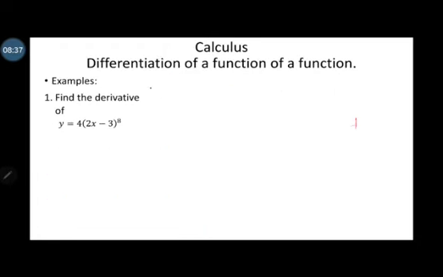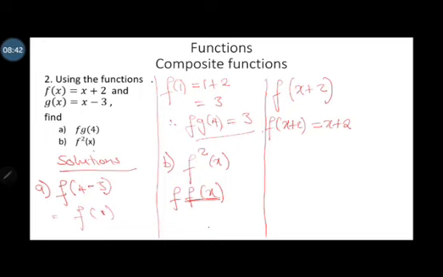Then we have a plus 2 in the equation, so that we have x plus 2 plus 2, which is x plus 4. So therefore our f squared of x is equal to x plus 4, and you are done.